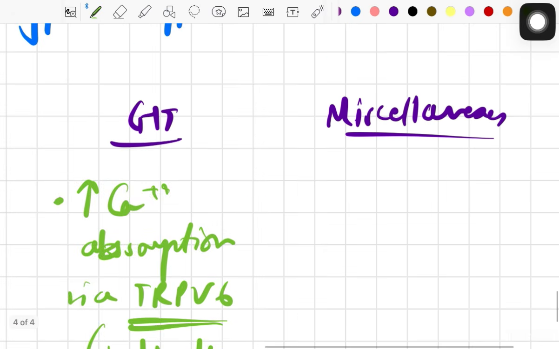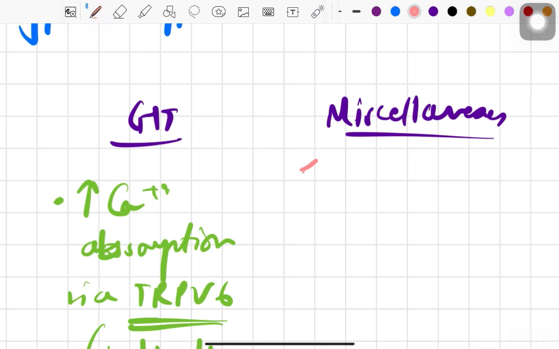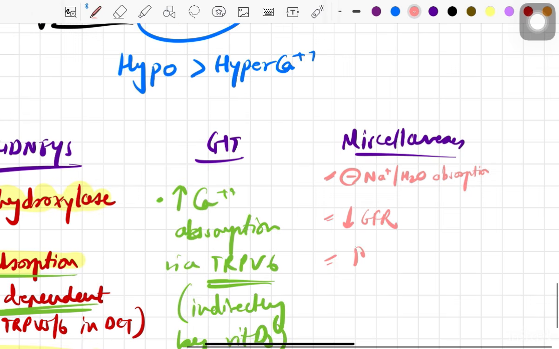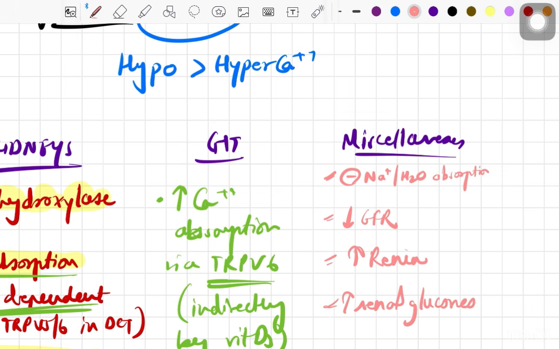Looking at the miscellaneous actions performed by parathyroid hormone: it inhibits sodium and water absorption in the renal tubules, it decreases glomerular filtration rate, it increases renin release, and it increases renal gluconeogenesis.